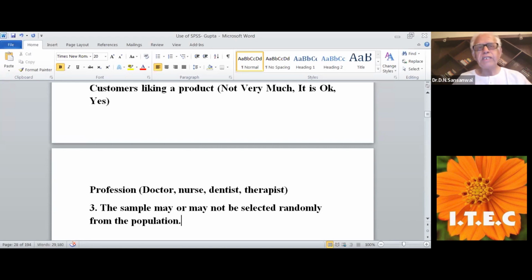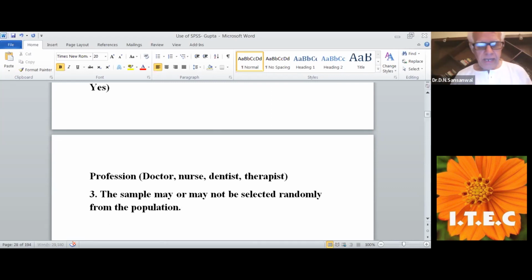That means when you are selecting the sample, you may select the sample randomly, or you may not select the sample randomly. It's perfectly correct, nothing wrong in that. And then the sample is sufficiently large. That means it must be more than 30.